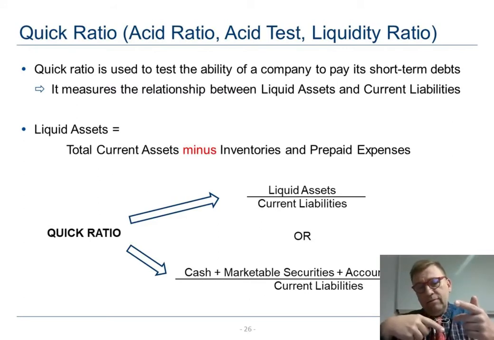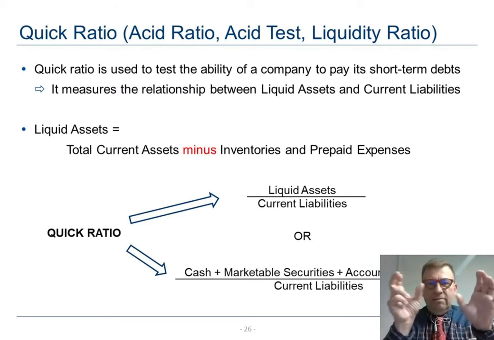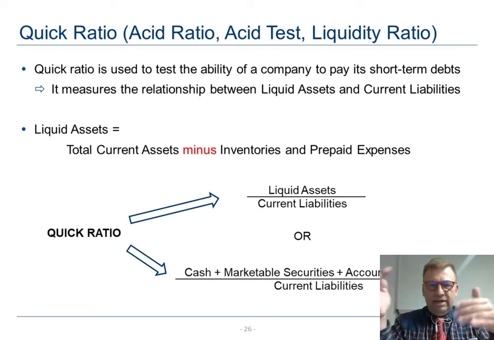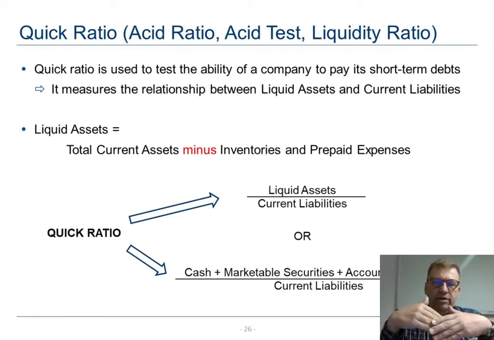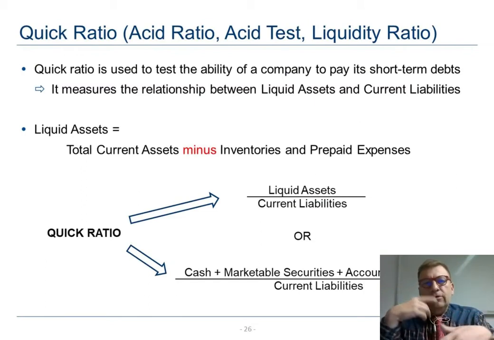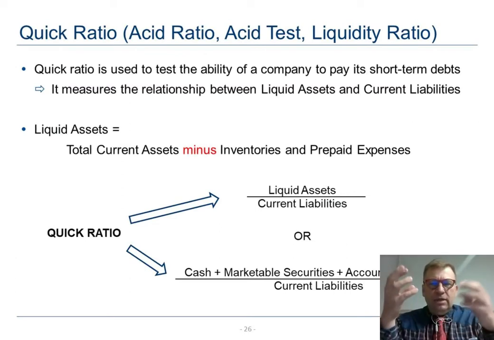Another way, you could find a number from the balance sheet by deducting something, like current assets minus inventories minus prepaid expenses, or you could do it the other way around by adding something. So what are liquid assets?